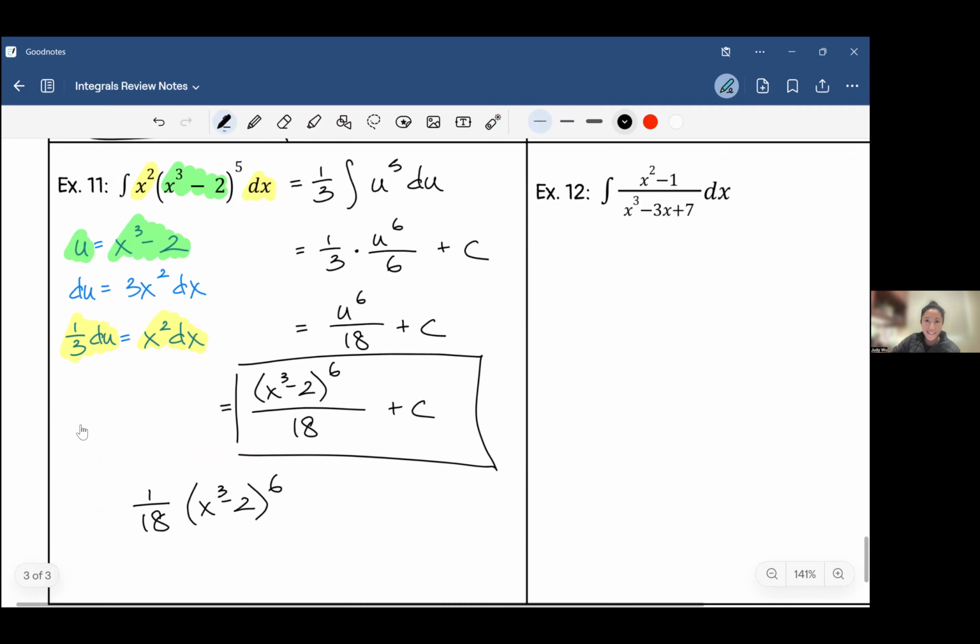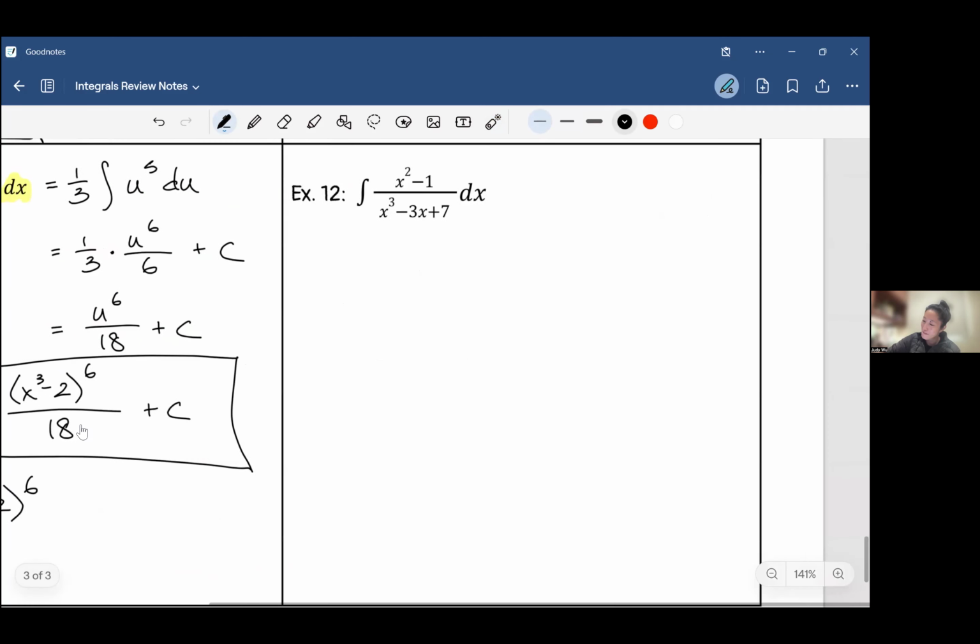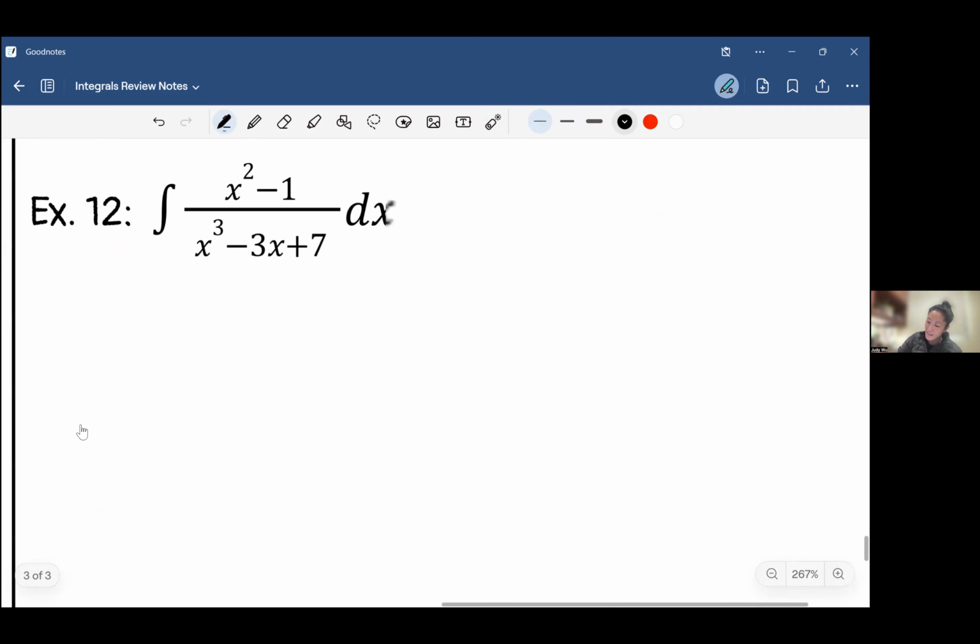All right. Last but not least, let's take a look at example number 12. Well, that sure does not look like an integral that I know how to do using something like a quotient rule, because we don't have that in our subset of knowledge.